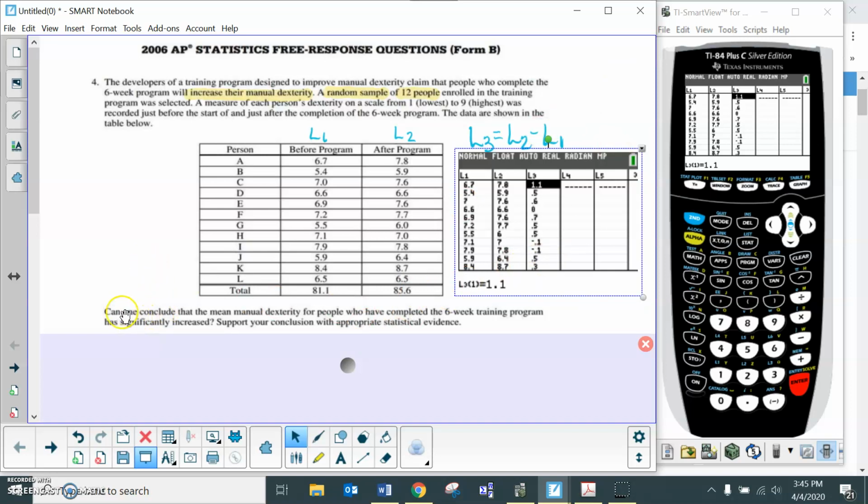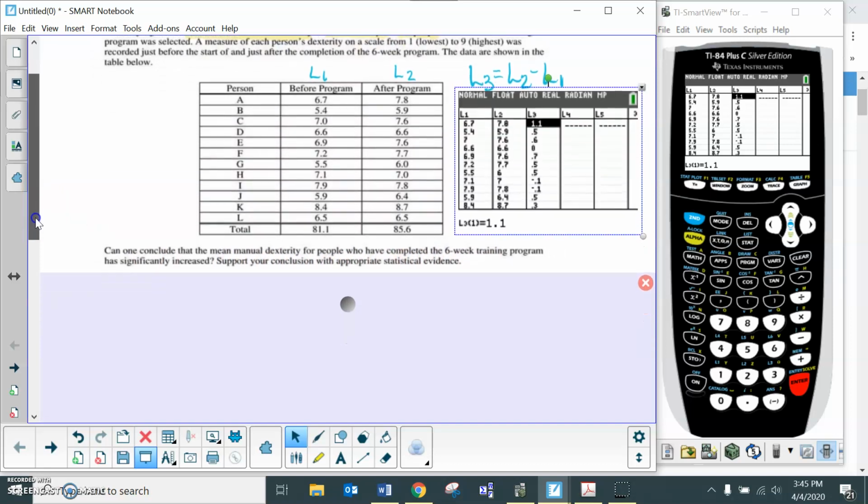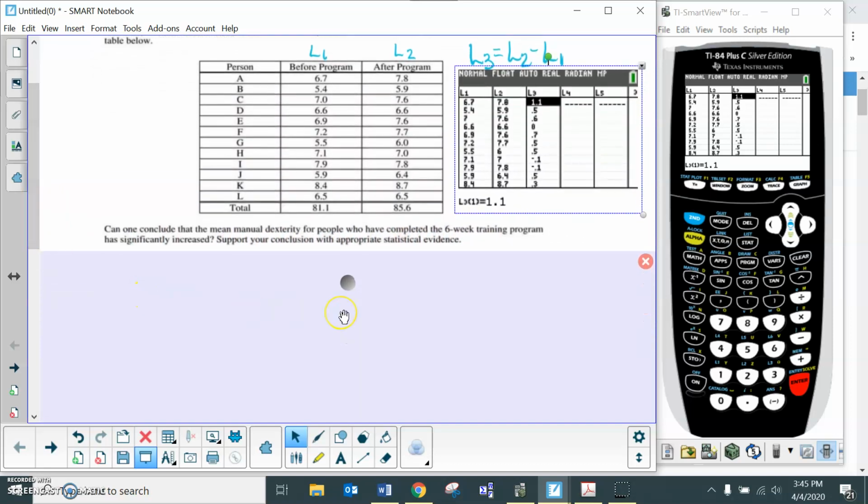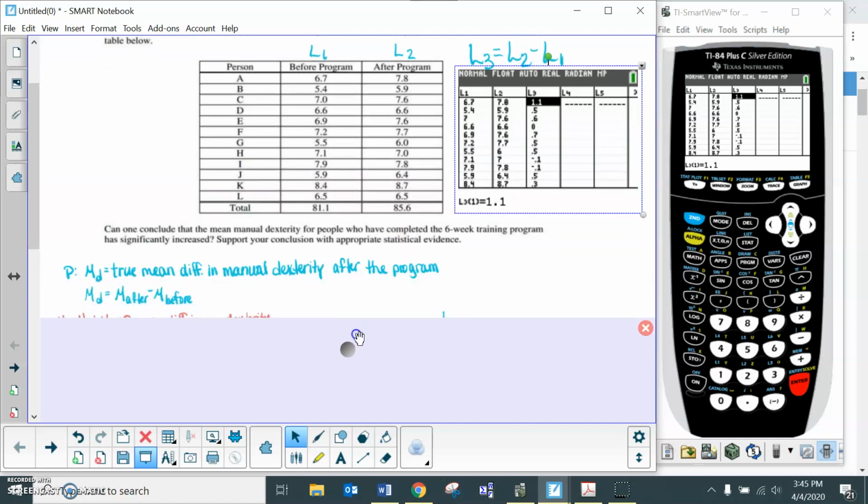All right, let's talk about what we want next in our test. We're going to see what it says. Can one conclude the mean manual dexterity for people who've completed the program has significantly increased? When you see words like you see here, support your conclusion with appropriate statistical evidence, that's an indication that you should be doing a PHANTOMS test. So here's what I did.